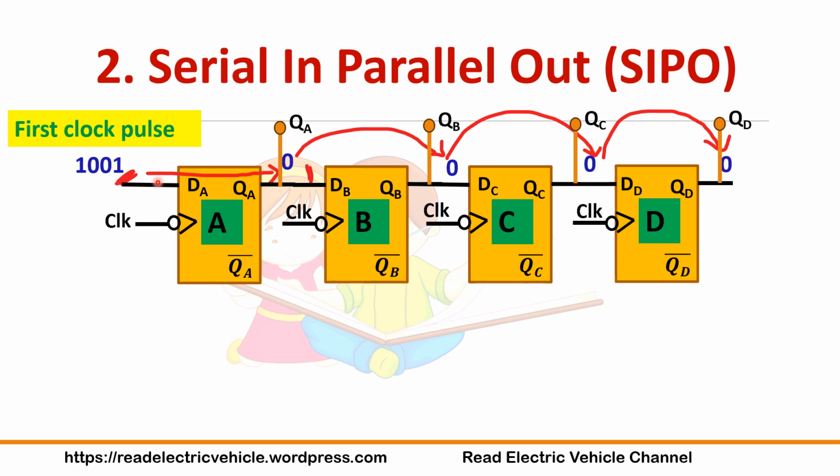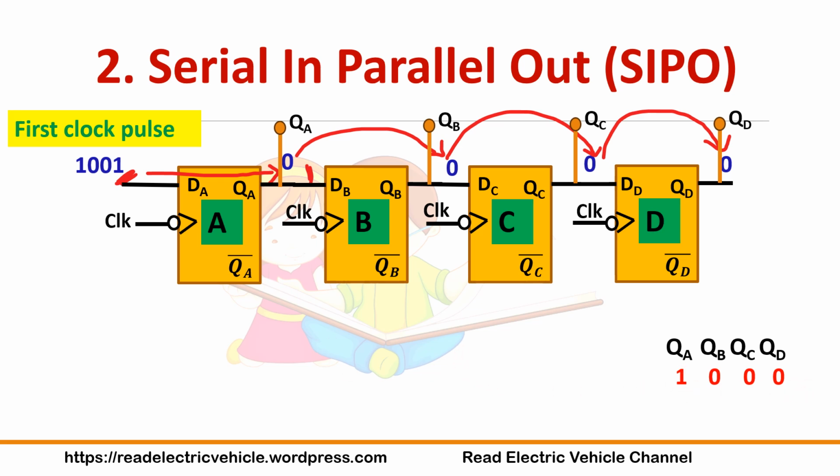So during the first clock pulse, the first data will be moved to the first flip-flop. Since it is parallel out, you can see all the output pins QA, QB, QC and QD. So it will be 1, 0, 0, 0.